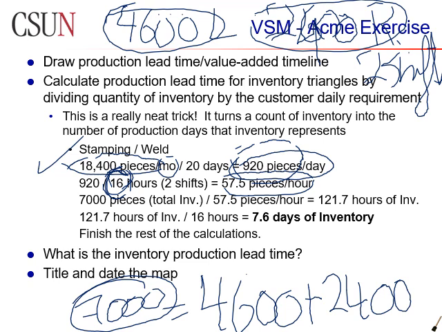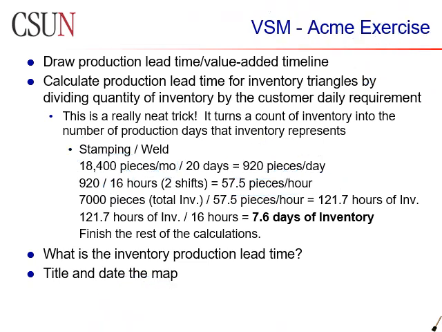So in order to synchronize the production according to the demand, this demand requires us to produce 57.5 pieces per hour. So far what we're saying is that in order to produce 18,400 in 20 days, and each day you're working 2 shifts, you need to produce 57.5 pieces per hour.